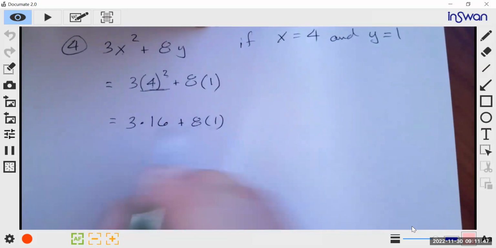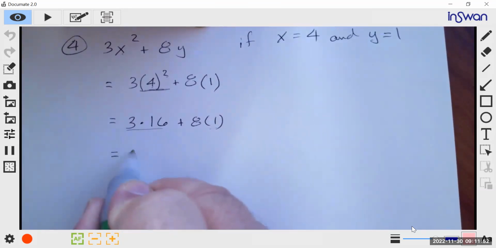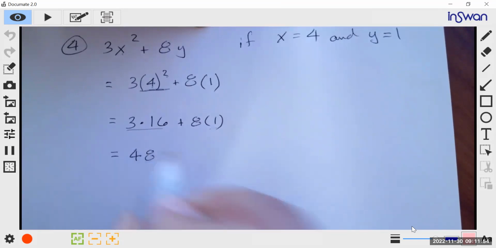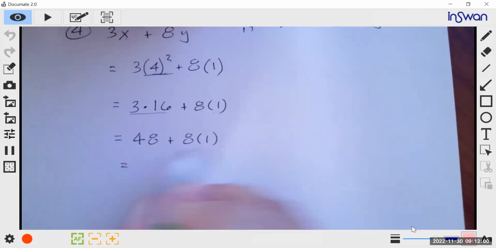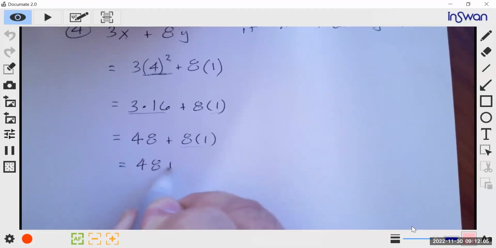So multiplication, division. 3 times 16 is 48. 8 times 1, so it's 48 plus 8, which is 56.